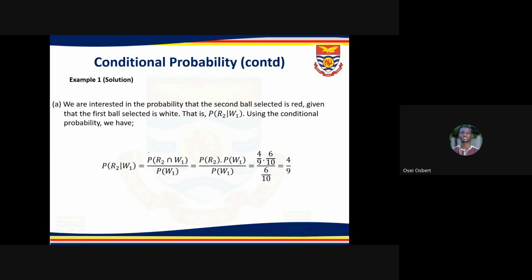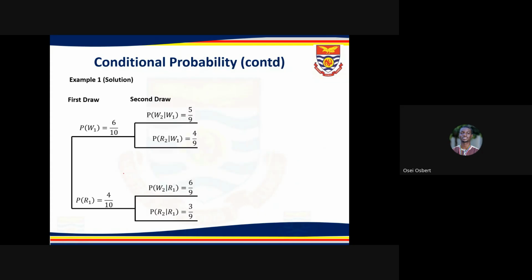So just multiply, then divide by the probability of white, and this will cancel out this, and we have the answer 4 on 9. You could also use the tree diagram to get the probability of red, given that white has already been drawn, which is from here. You can get the 4 on 9. I don't know if you get it. So you can either use the formal way or use the tree diagram.